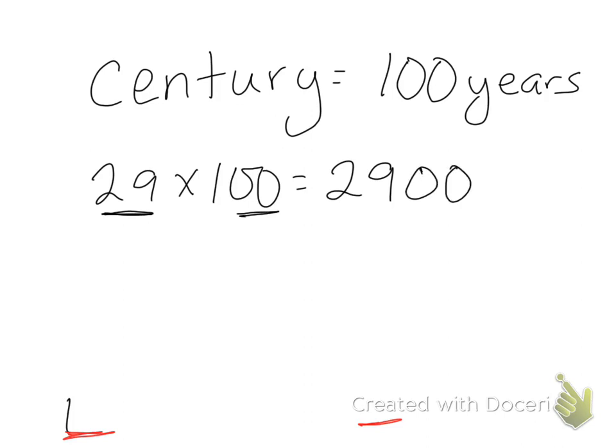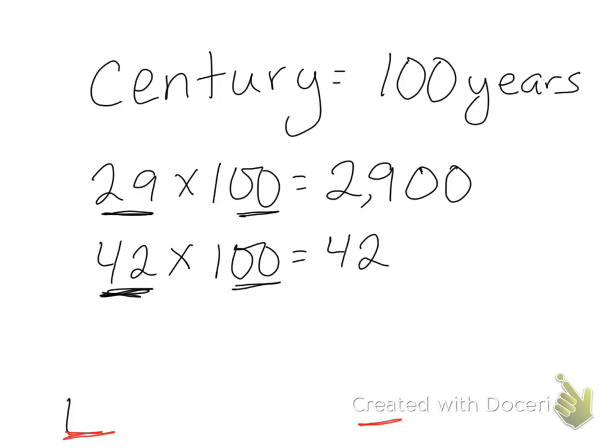So 29 times 100 is 2,900. What about 42 times 100? Well, the answer is going to be 42, and then I'll have 2 zeros at the end. So 42 groups of 100 is 4,200.